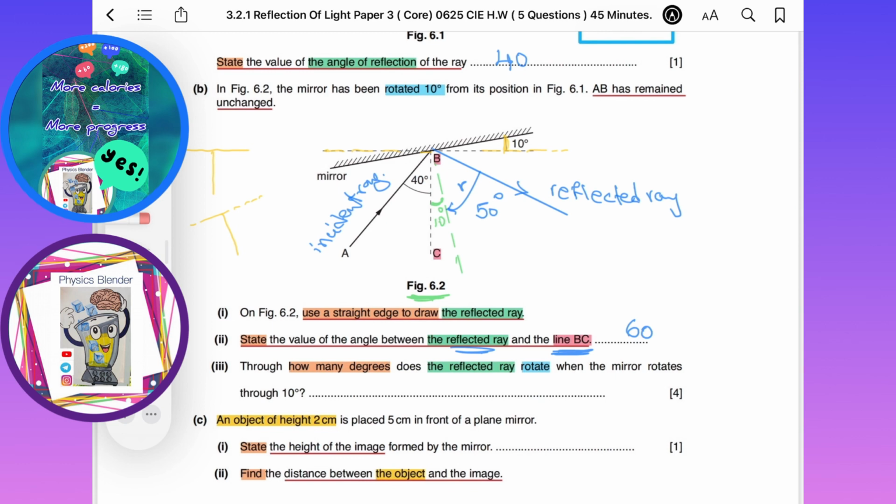Okay, we have here a concept or a rule you have to follow, that when a plane mirror is rotated by an angle theta, the reflected ray is rotated by double theta.